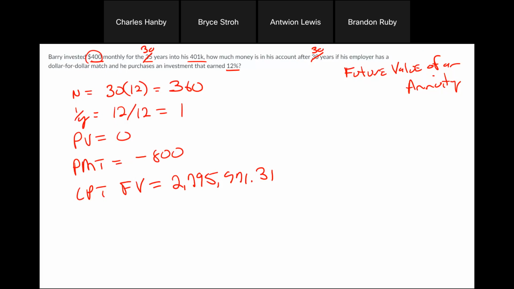It includes, I think, 7 or 8 recessions that we've had prior to the one that we can't agree whether we're in or not right now. But anyway, $2,795,000 just for putting $400 a month into your 401k.